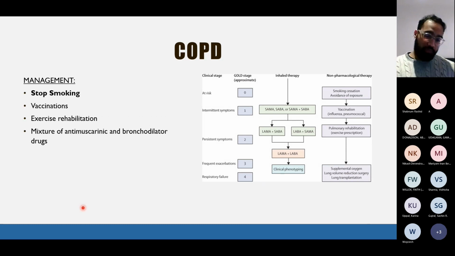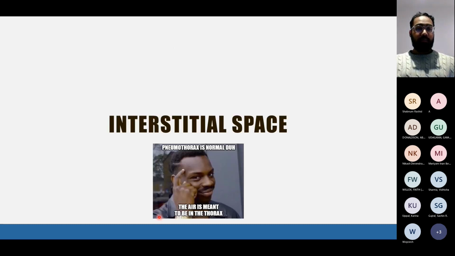How we manage it, obviously, number one is if they're smoking 40 cigarettes a day, stop smoking, because otherwise no treatments are going to really help them. The COPD is just going to get worse every single day if they keep smoking. Vaccinate them, because they're high risk for getting respiratory infections, so we're giving them pneumococcal vaccinations.